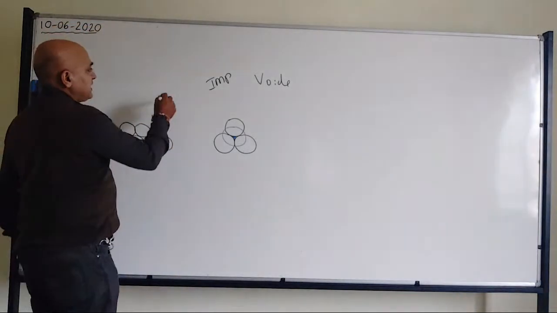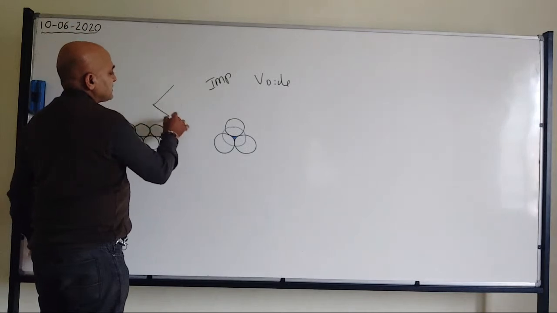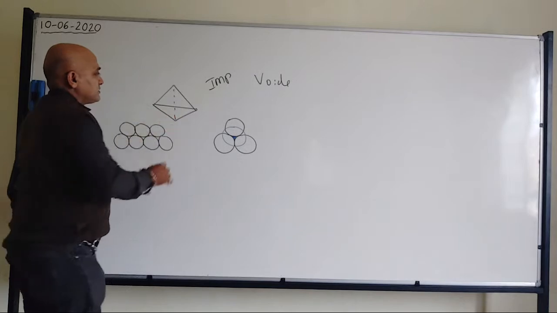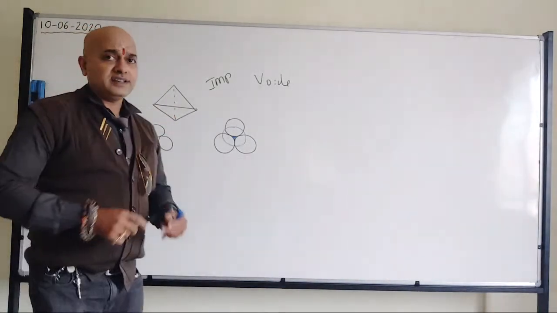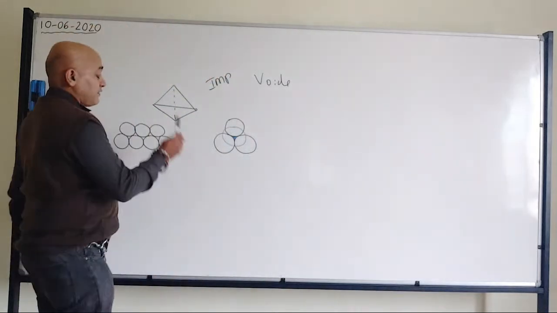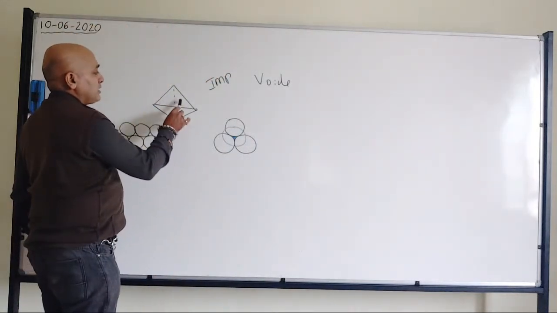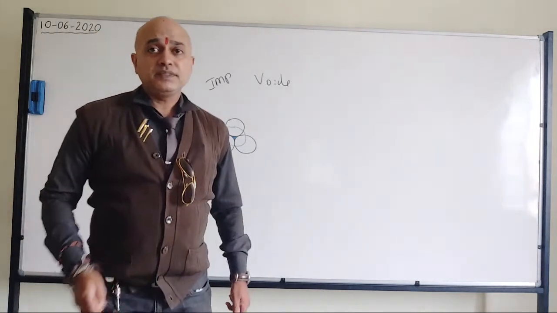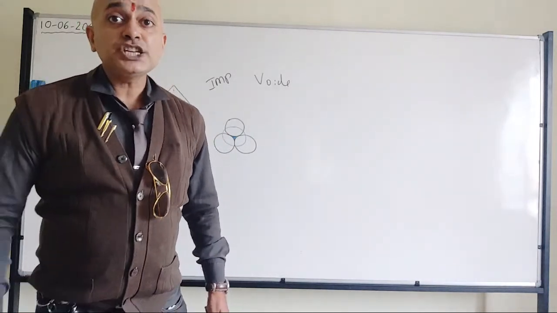Right? So tetrahedral means there will be 4 faces like this, right? There will be the presence of 4 faces. One is here and another one is on the back side. So that's how we get the shape.